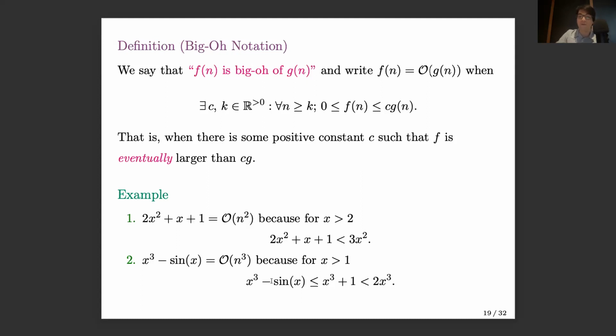Sine is bounded by 1, so if I just put a plus 1 here, that inequality is guaranteed. And all of this is less than 2x cubed. So again, it's like saying, who cares about constants and coefficients? They are meaningless at infinity. So you've got to think of these as limits.